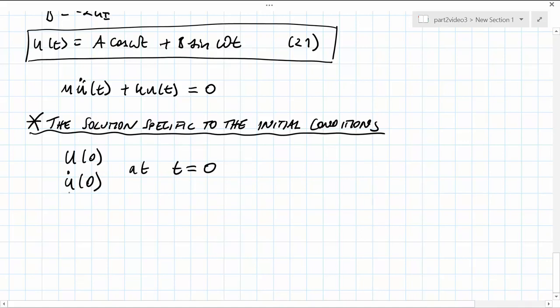We note that we have to evaluate a derivative to apply the velocity initial condition. So if we take the first time derivative of equation 21, we end up with minus omega A times by sine omega t plus omega B times by cosine omega t.